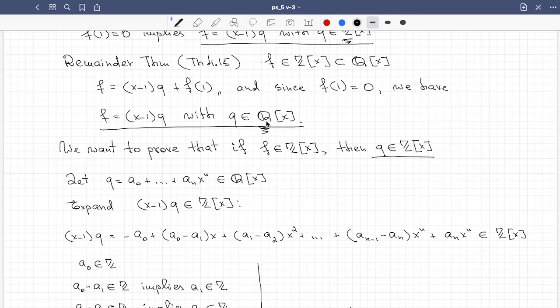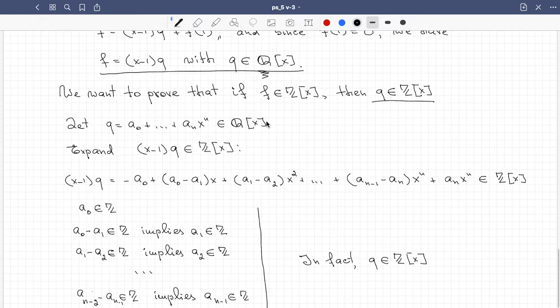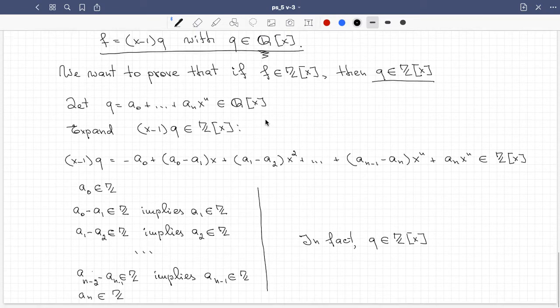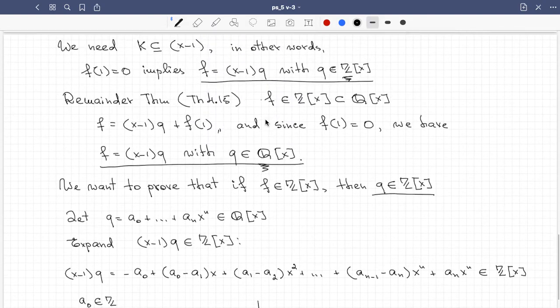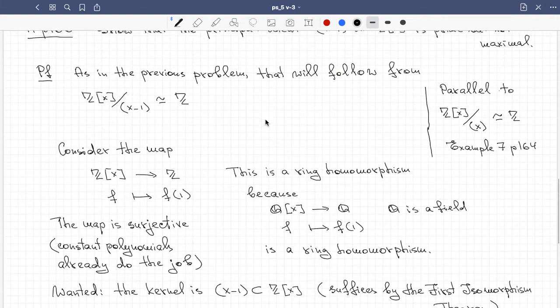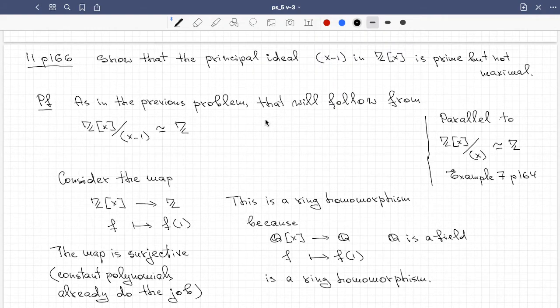So the problem is solved this way. We found another example of an ideal which is prime but not maximal.